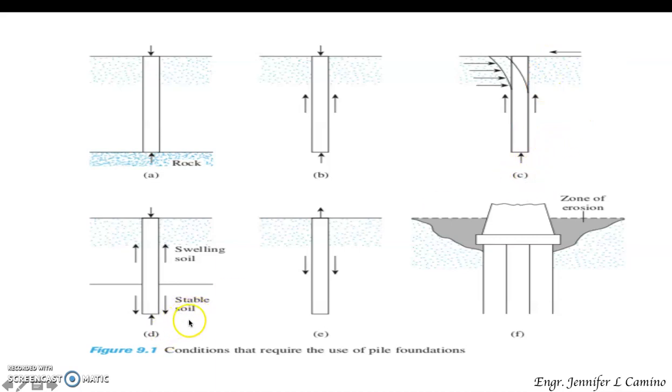For this one, there are many cases where we encounter expansive and collapsible soils. They might be present at the site of the proposed structure. This soil may extend to a great depth below the ground surface.